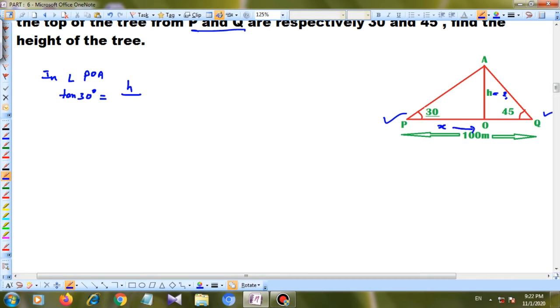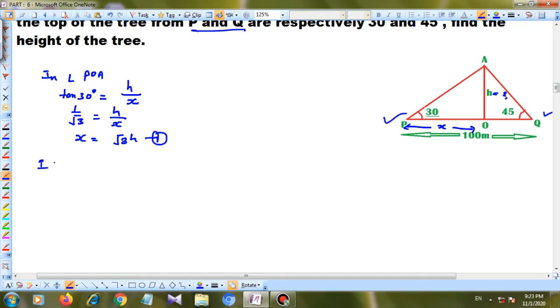Take OP as x. So this is h upon x, right? The value of tan 30 is 1 upon root 3. So this is h upon x. So the value of x will be root 3h. This is our first equation.